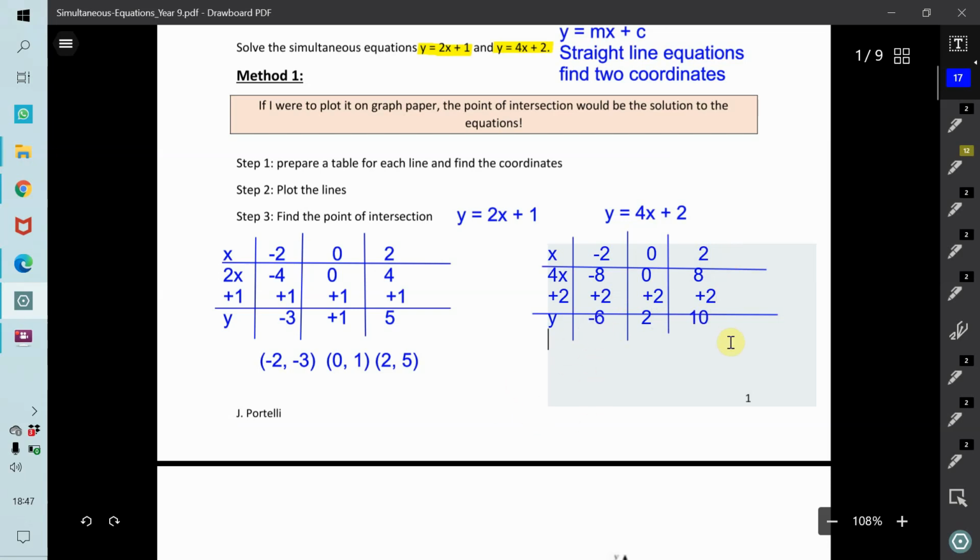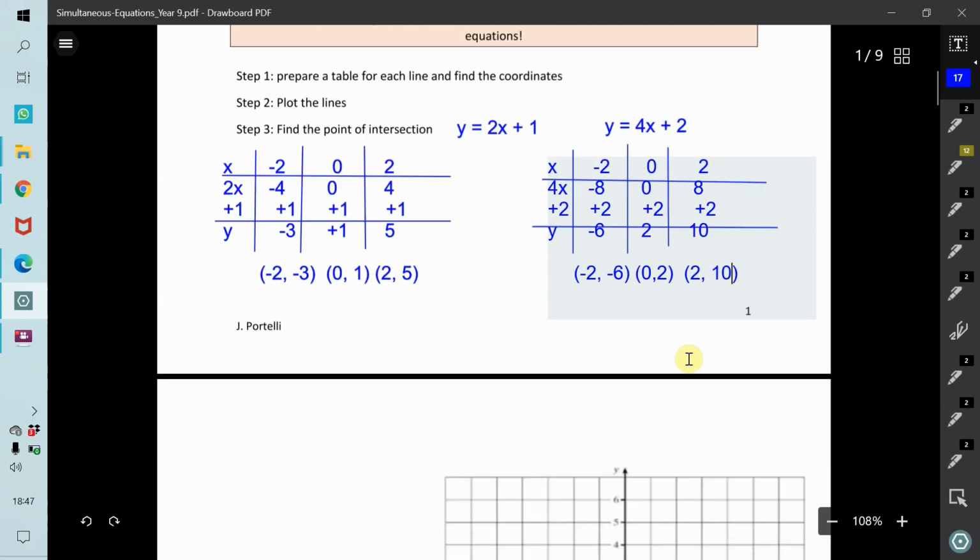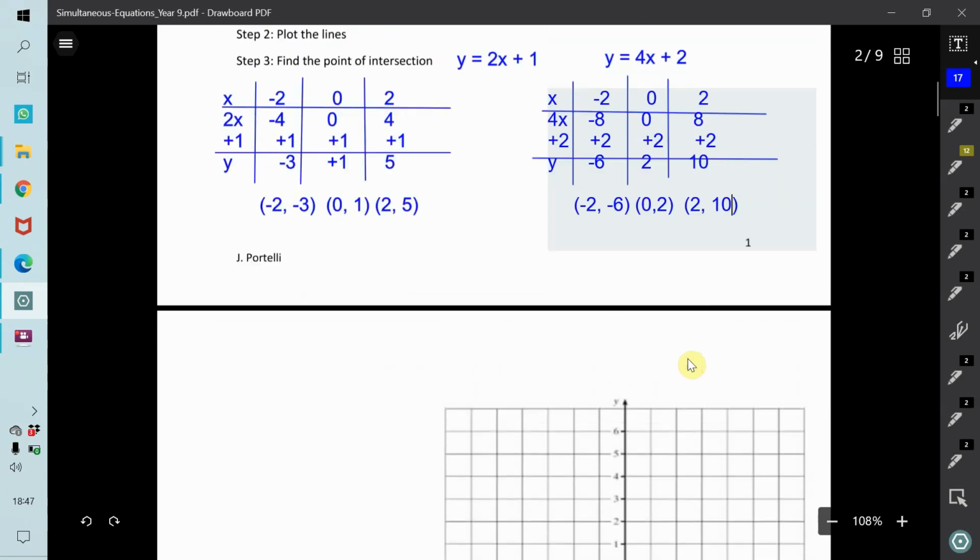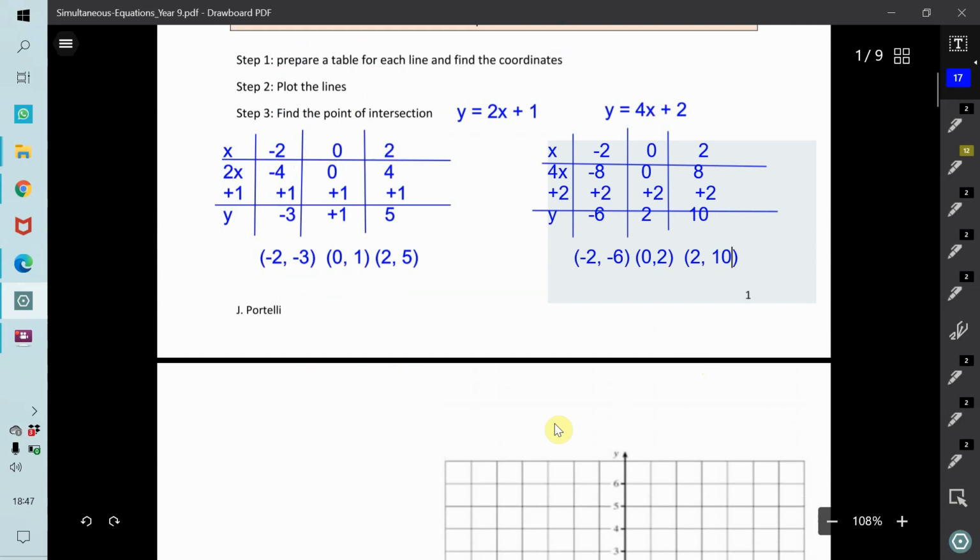All right, and immediately I like writing down the coordinates. Minus 2 comma minus 6, 0 comma 2, and 2 comma 10.